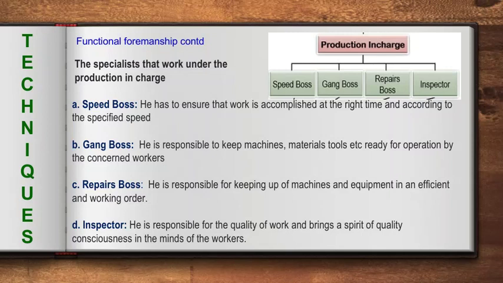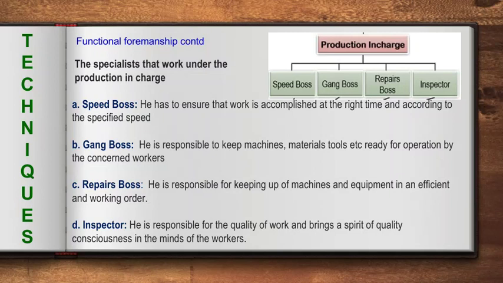You can look at the diagram now on the right side and you will see that under the production in charge is the speed boss, the gang boss, repairs boss, and the inspector. But first of all, who is the production in charge? A production in charge is responsible for overseeing all operational and production related tasks.